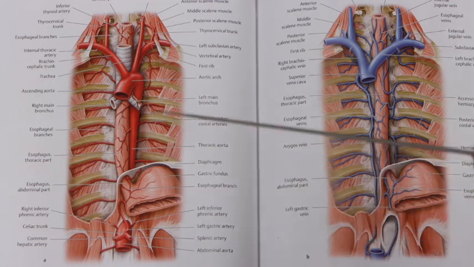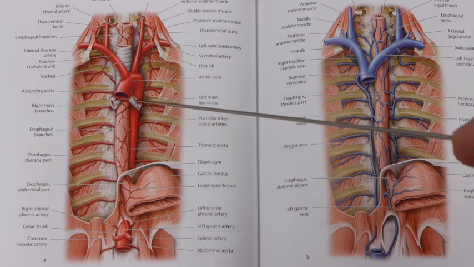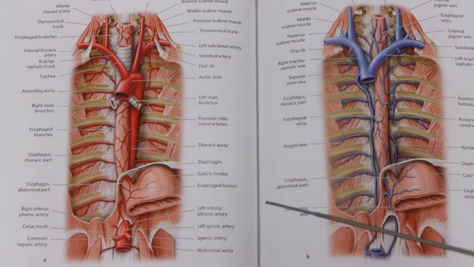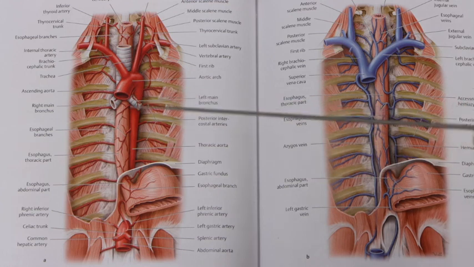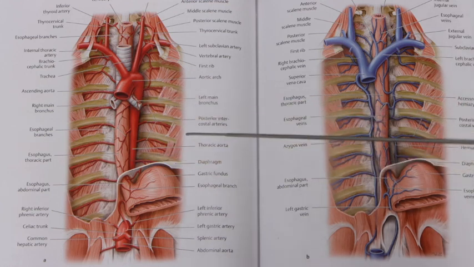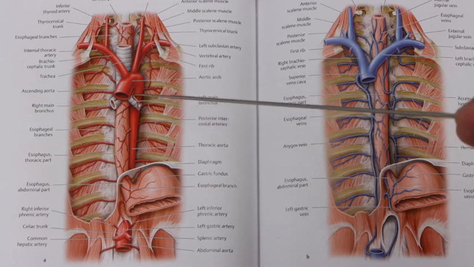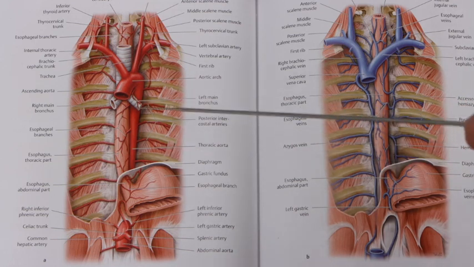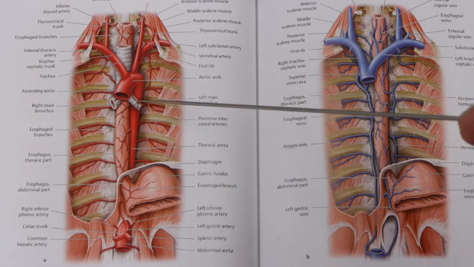The first branches, which you can see here, are the bronchial branches. They are one of the visceral branches of the aorta, and there are two or three arteries. Immediately at the level of the bifurcation of the trachea, they arise from the aorta and continue with the bronchus.